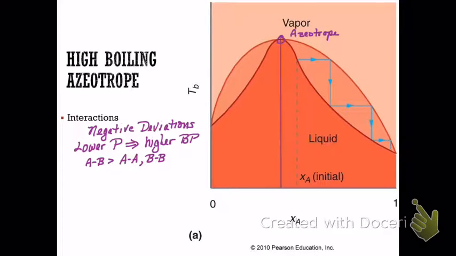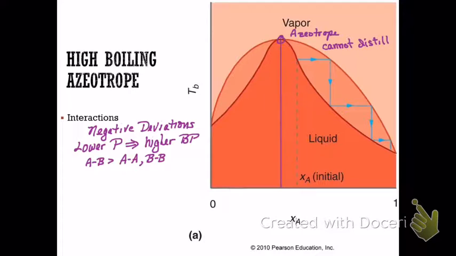All right, so if we look at this, we see a definite maximum in our phase diagram, and the composition corresponding to that maximum is called the azeotrope. It's the azeotropic composition. And what we'll note then is that if we have a composition exactly at the azeotropic composition, then we cannot distill it.